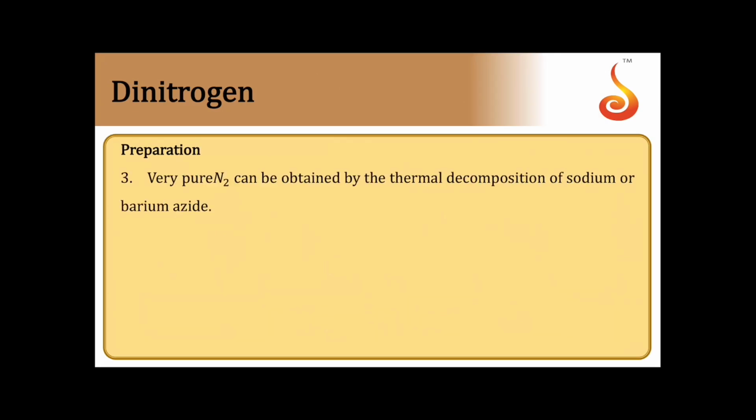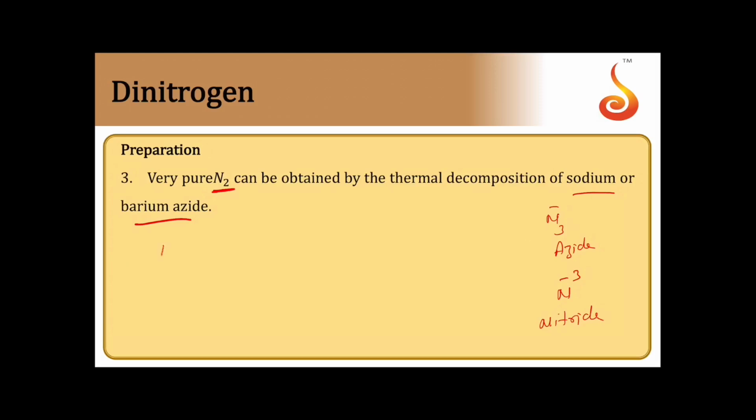Then comes the pure compound. Very pure N2 can be obtained by thermal decomposition of barium or sodium azide. So N3 minus is called the azide ion, and N3 minus... N minus 3 is called the nitride ion. This is the nitride ion, and we have the azide ion.